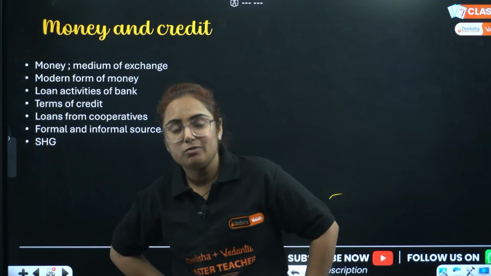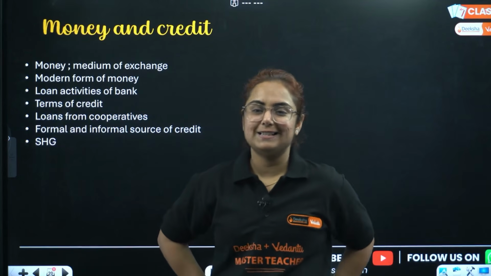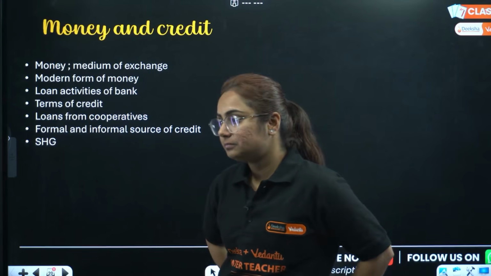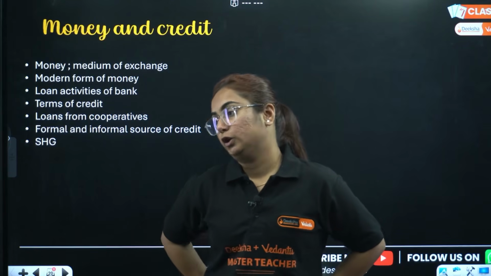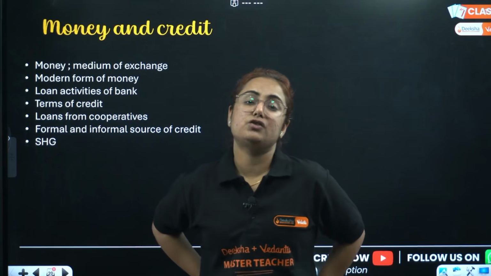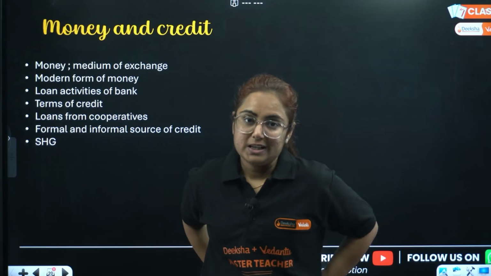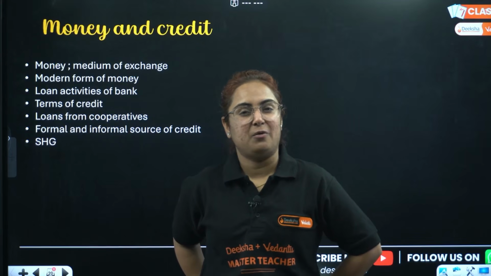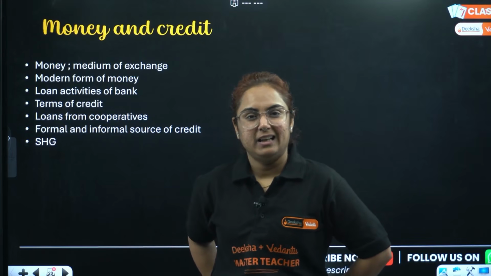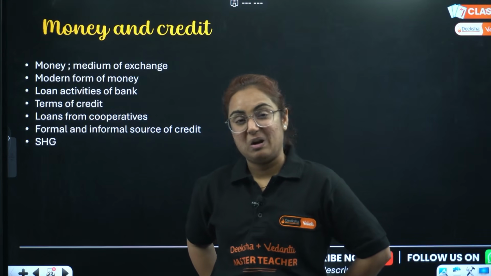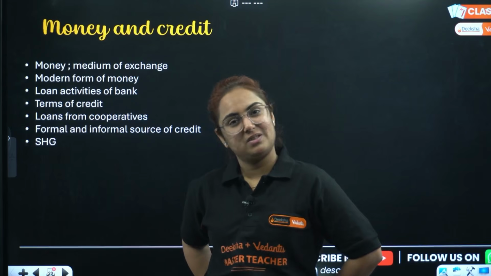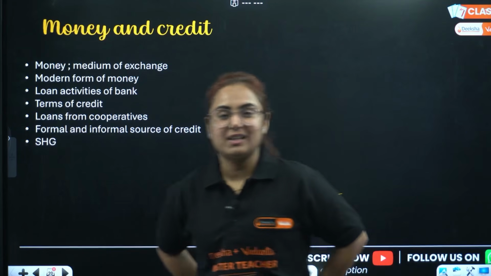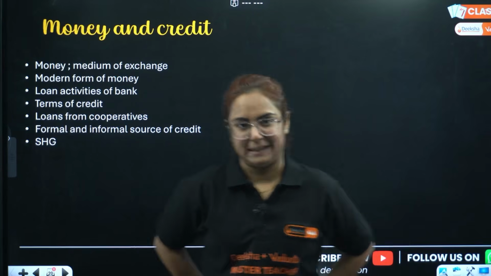Money, it's all about money everywhere. So money and credit, beta. Initially, when humans learned about exchanging items, and all this happens with the discovery of fire, cooking of food, growing of crops, there was no money.